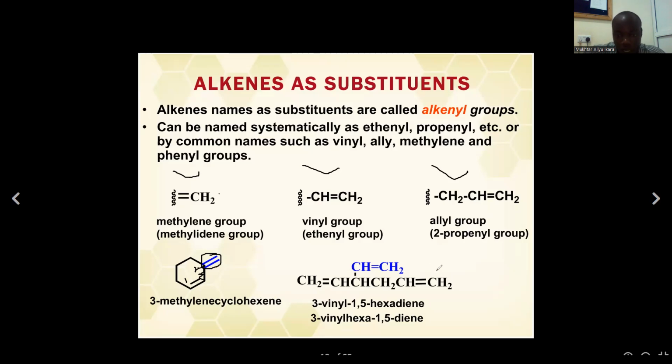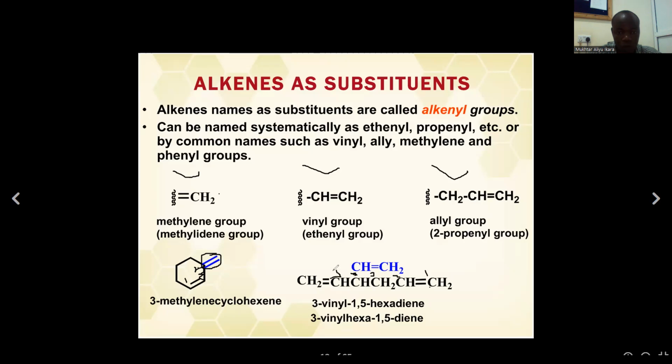Then another one, look at it. We have 1, 2, 3, 4, 5, 6. So the number of carbons here is 6, which means that the parent name is hexene, but we have to count the position of the double bond. So you see, we have it at carbon 1 here. We number it, and we have 2 here, 3 here, 4 here, and then 5 here.